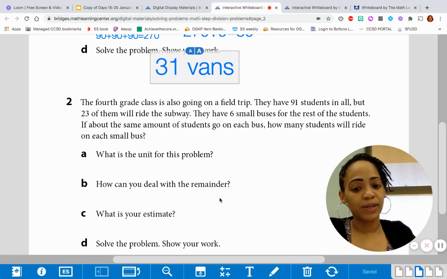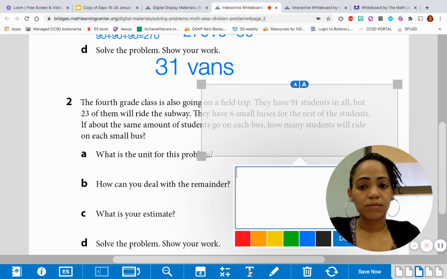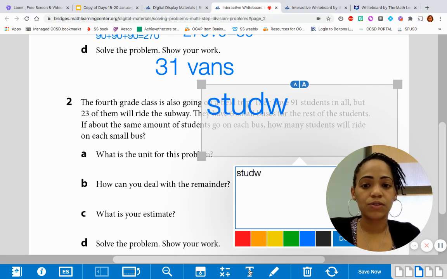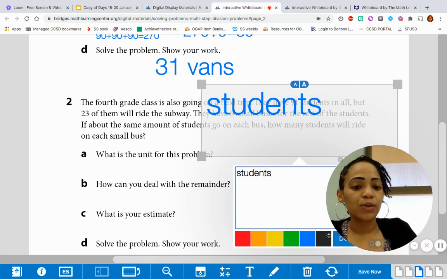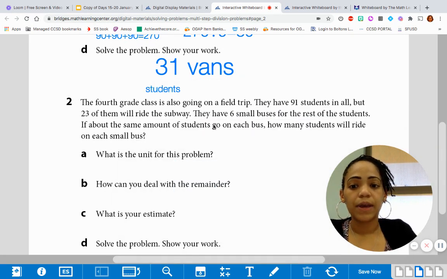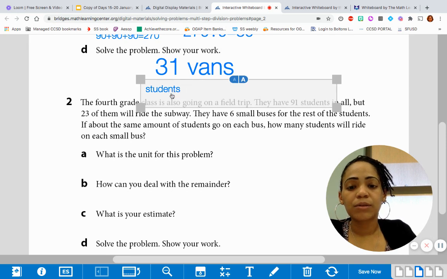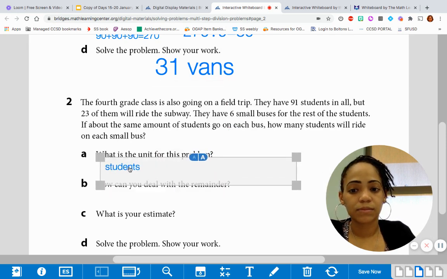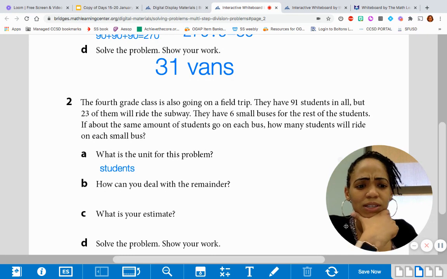First of all, what's our unit? What'd you get? Students. How many students will ride on each bus? So our unit is students here. Okay, and what are we going to do with the remainder? What can we do with the students in this case?